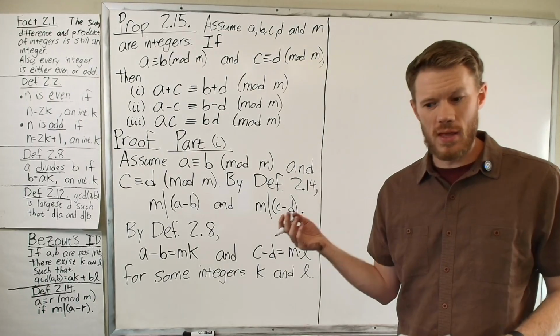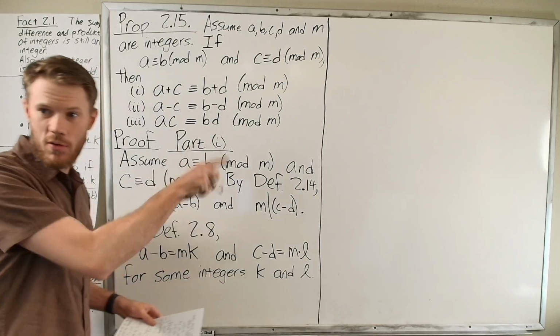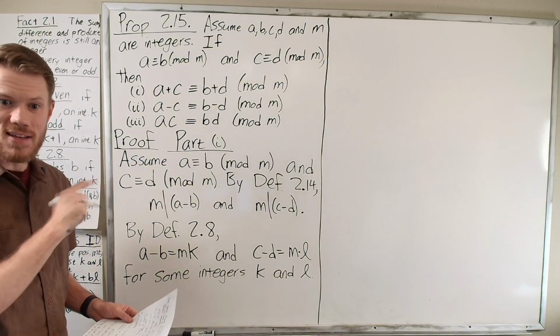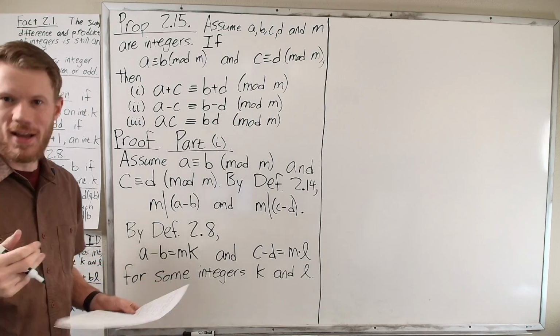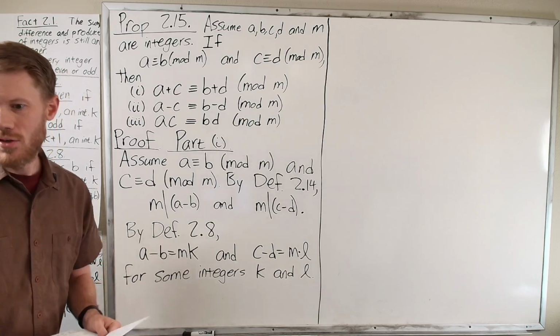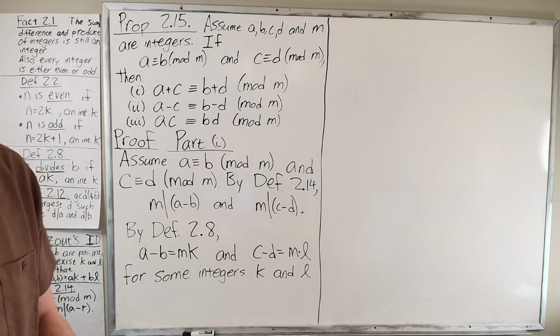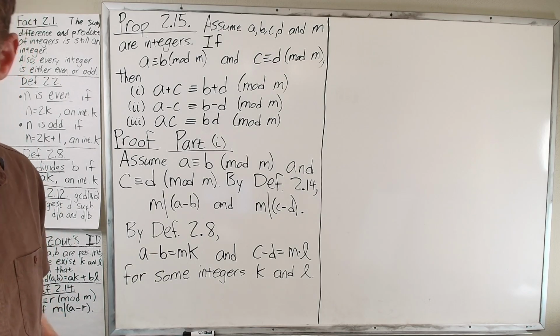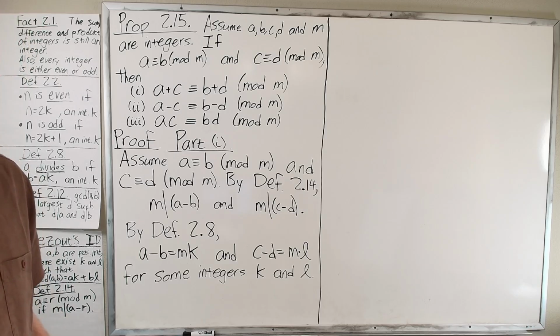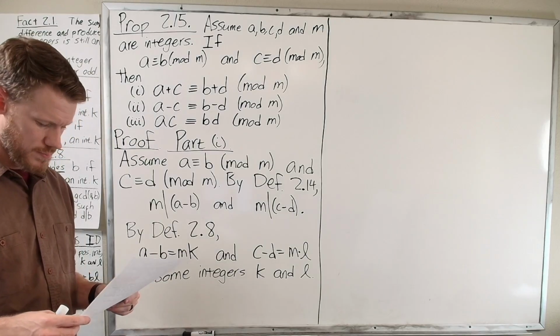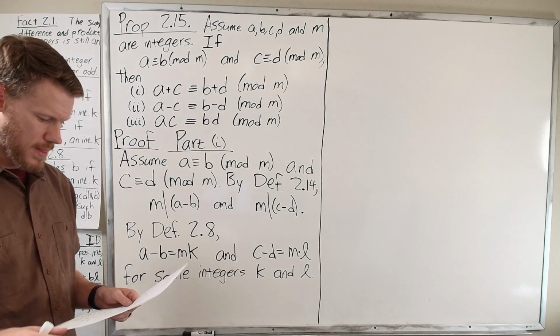And now, let me step aside. If you quickly look back at the last proof outline that I had on the screen, you'll see that we need to apply algebra and techniques to get down to the point where a plus c minus b plus d is equal to m times some other integer, which I call t. Okay?